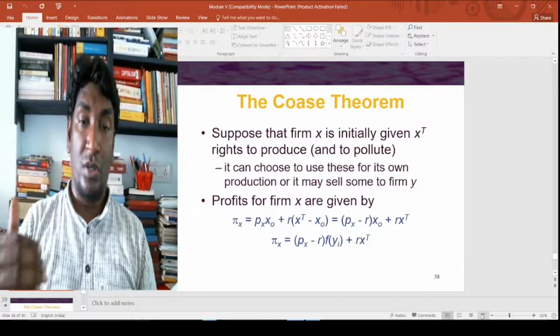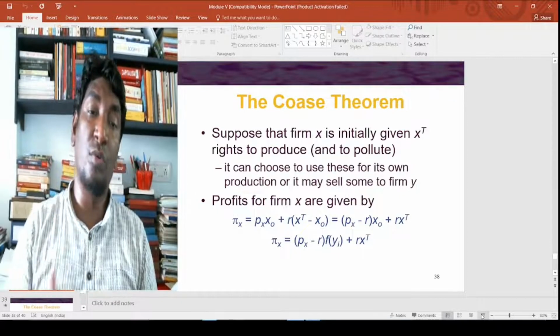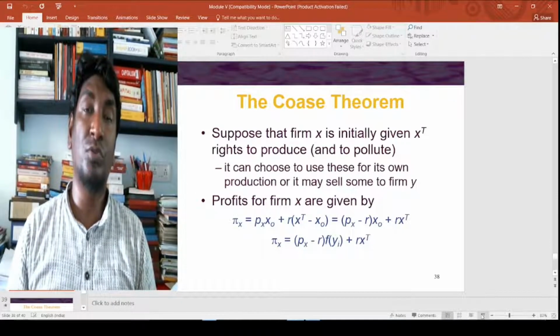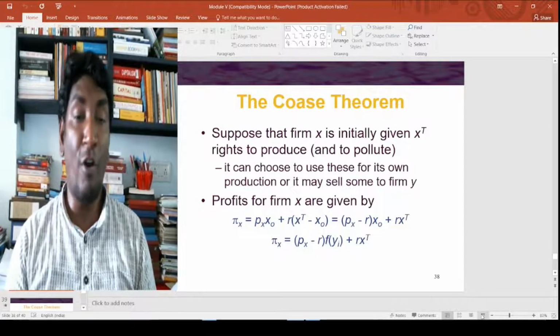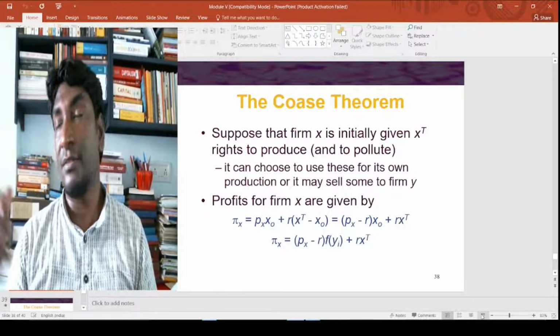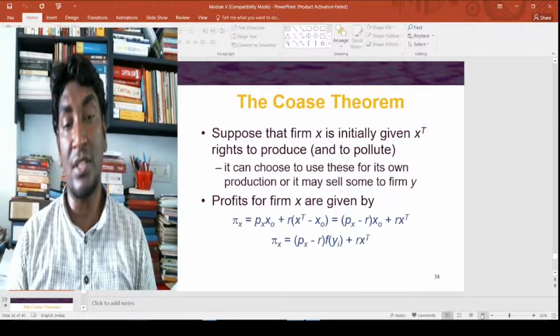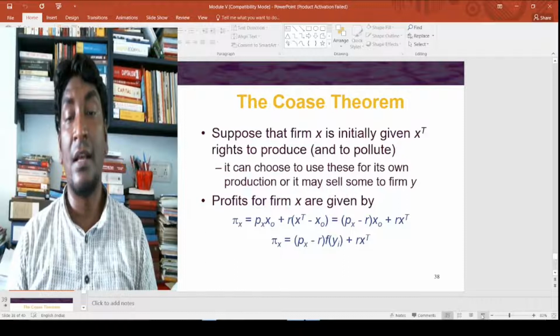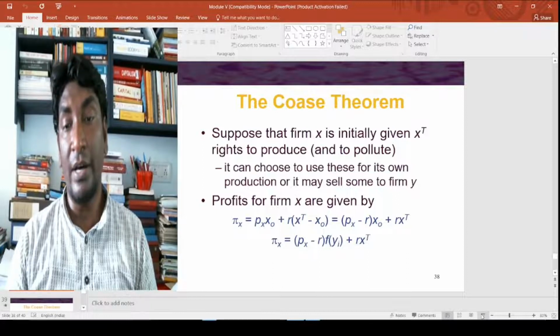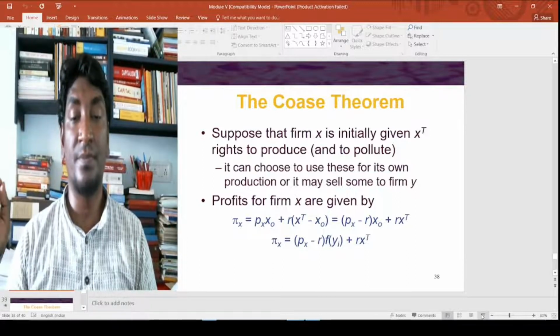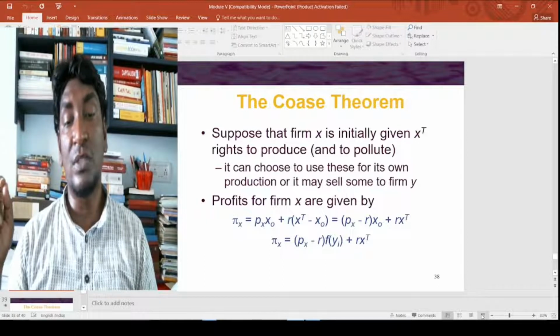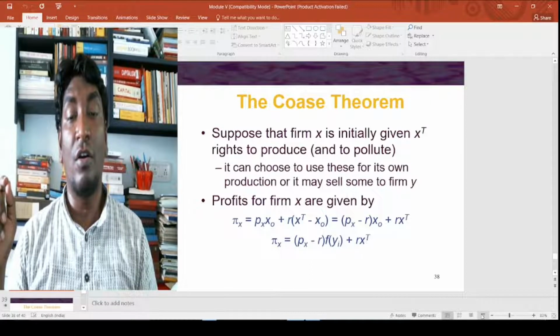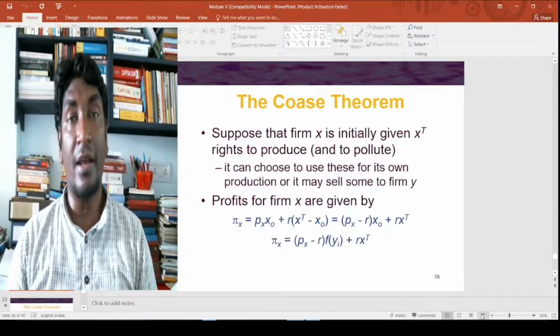It can use these for its own production, or it may sell some to firm Y. Now, profit for firm X is given by pi x, which is equal to px(x0) plus r(xt minus x0), which is equal to (px minus r) x0 plus r xt.